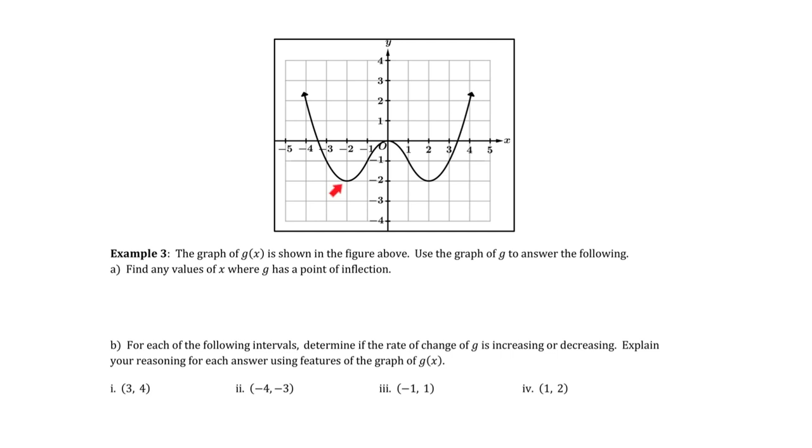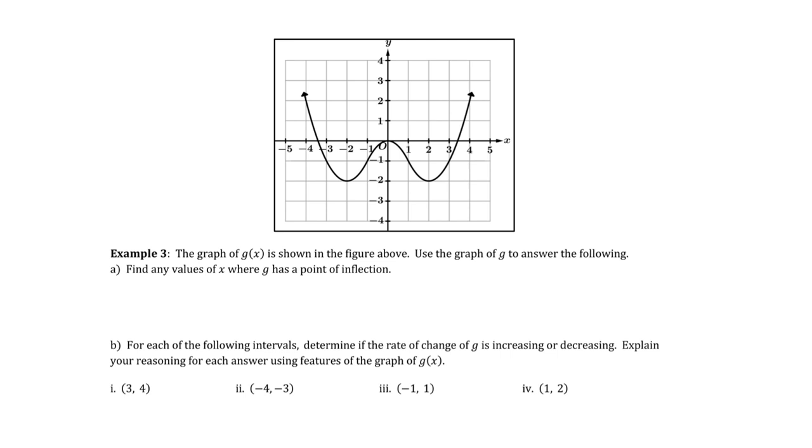So if I have a relative min, and then I move over where there's a relative max, somewhere in there, there has to be a point of inflection. I had to turn from going concave up to concave down. All right, my slopes went from increasing to decreasing. And to be honest, we usually can't just look at a graph and say, oh, it's at this point and this point.